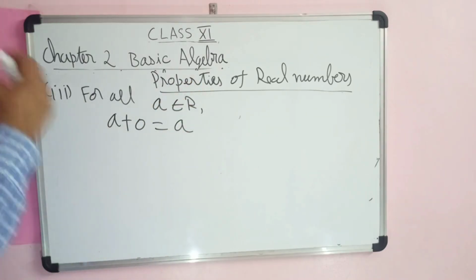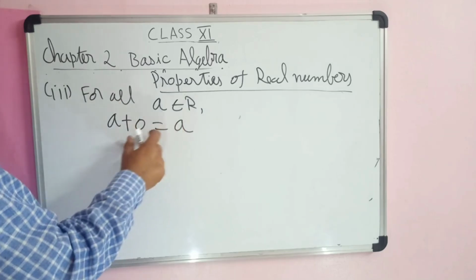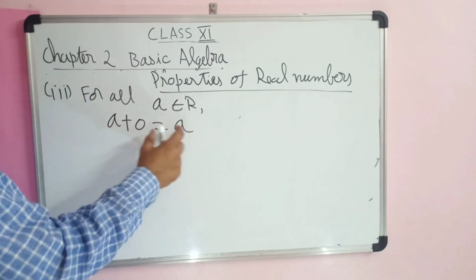When you add 0 with a real number, then we'll get the same real number. So this is the third property.